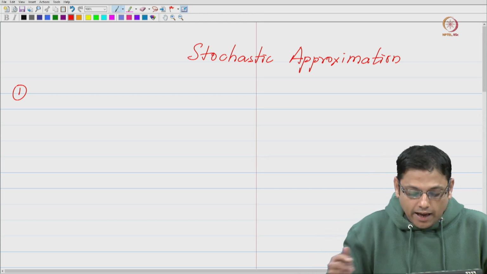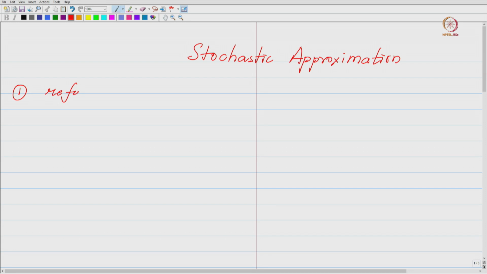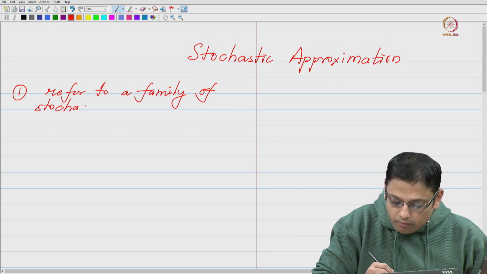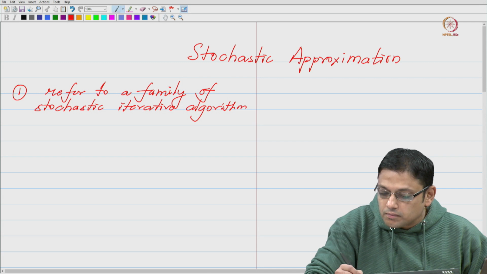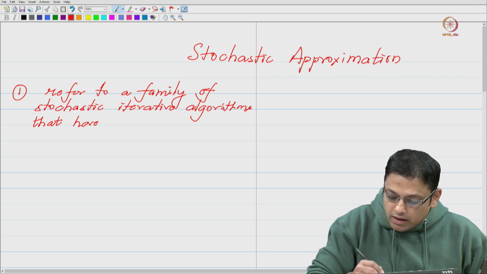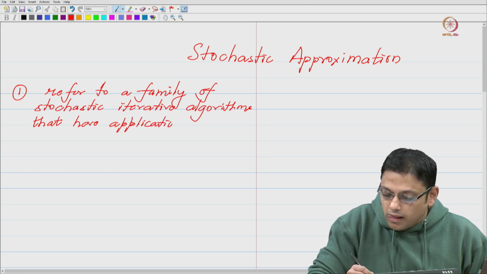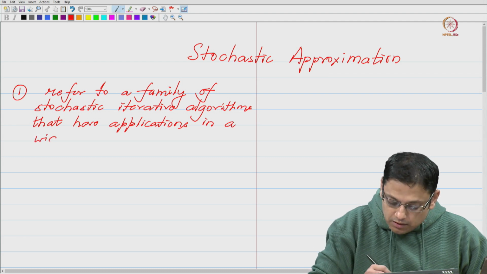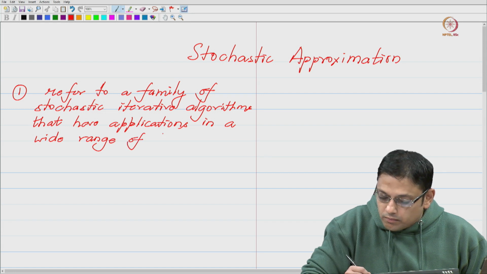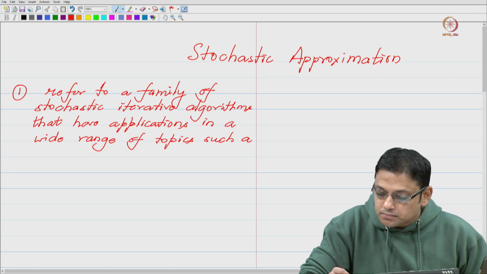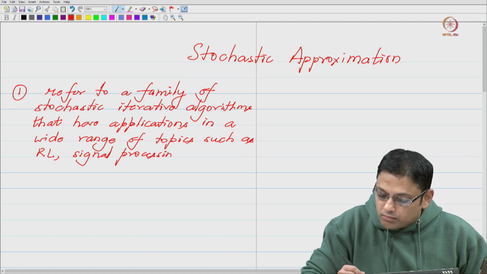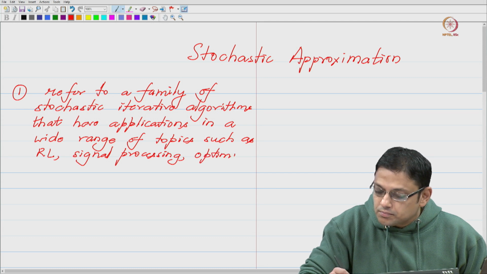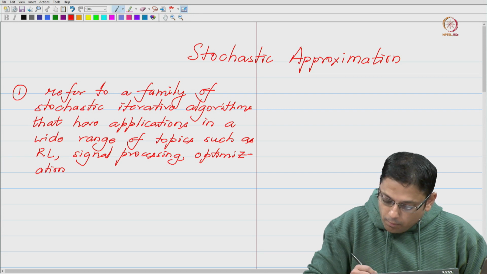On the one hand, I will use stochastic approximation to refer to a family of stochastic iterative algorithms that have applications in a wide range of topics such as reinforcement learning, signal processing, optimization, and so on.